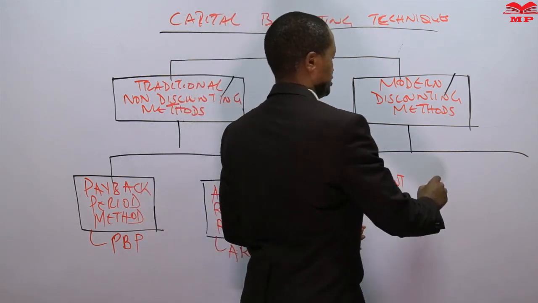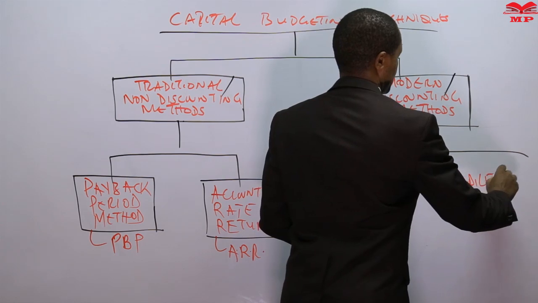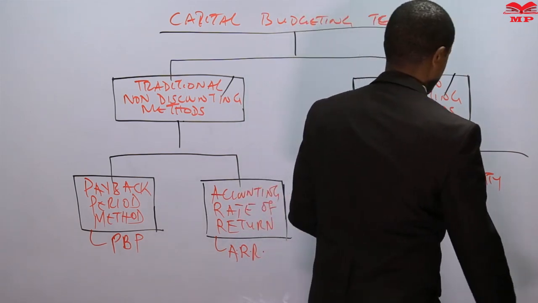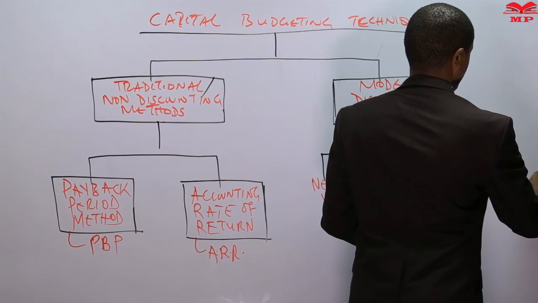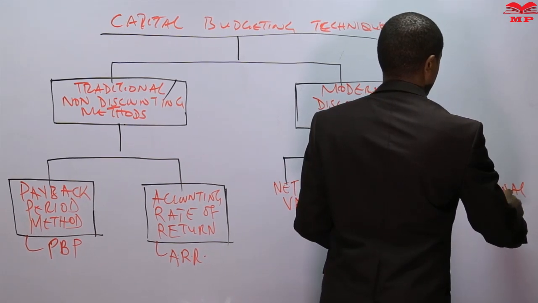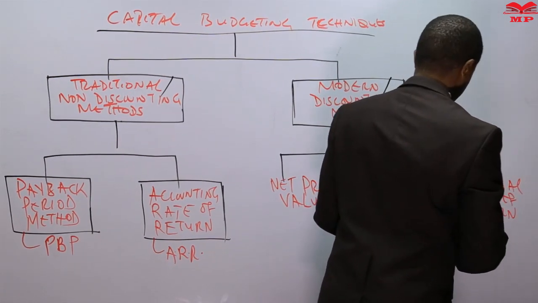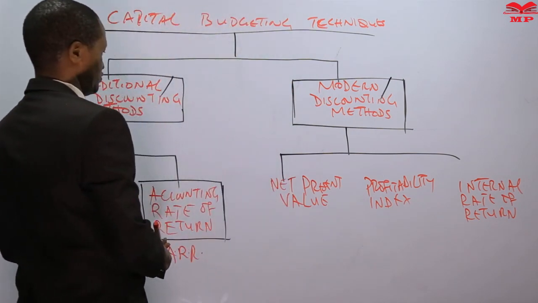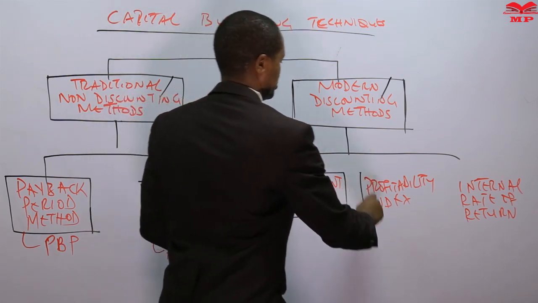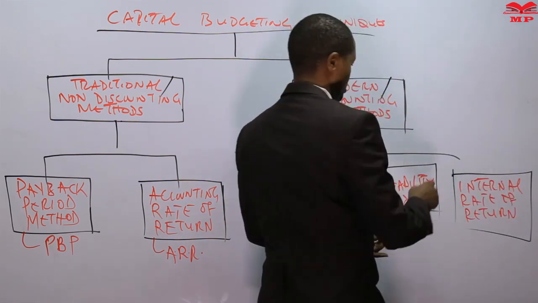The other one is the profitability index method. Then lastly, the internal rate of return. So we have the first one, net present value. Number two, profitability index. Number three, internal rate of return.